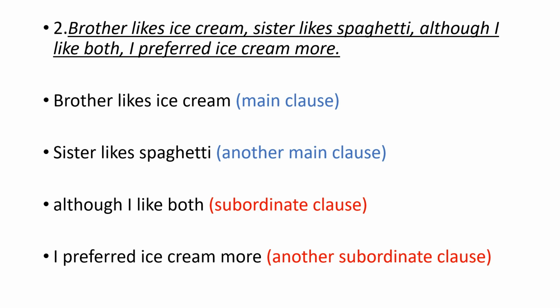Although I like both is a subordinate clause. And I preferred ice cream more is another subordinate clause. The sentence is composed of two main clauses, which can stand alone as a sentence, and two subordinate clauses. That is why the sentence is a compound complex sentence.